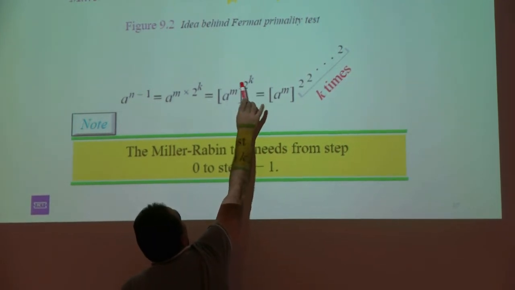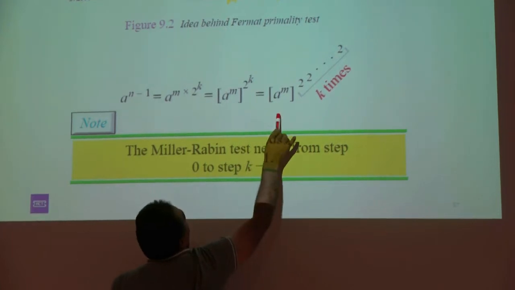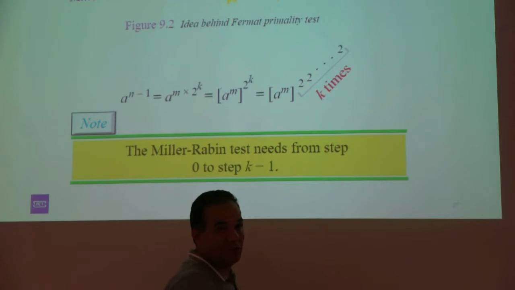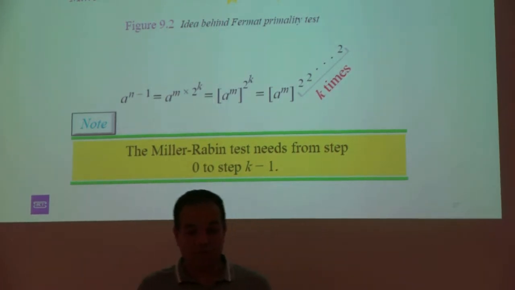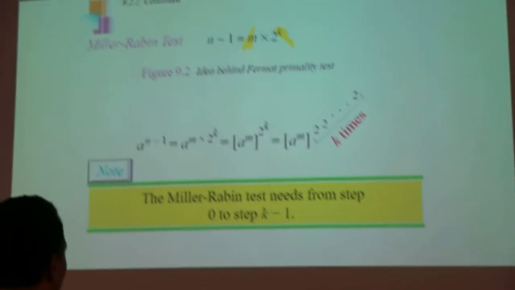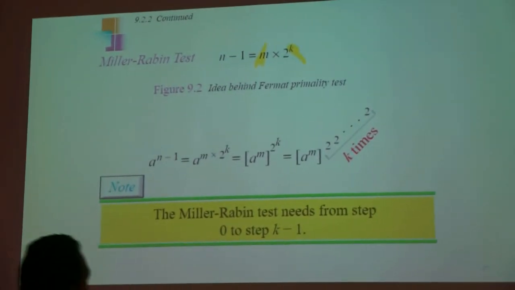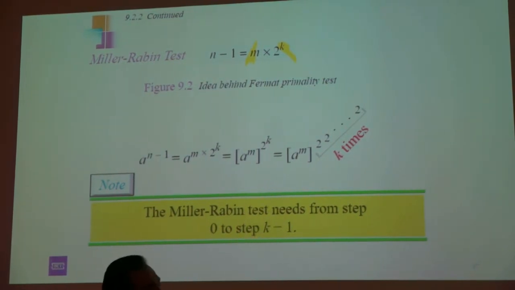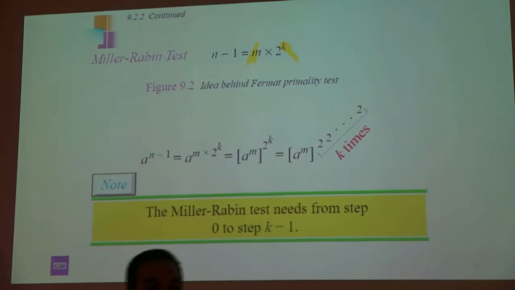If k is equal to 2, then 2, 2, right? So it will be like a to the m, squared k times. So the Miller-Rabin test means from step 0 to step k minus 1, it's like you're looping through the process.